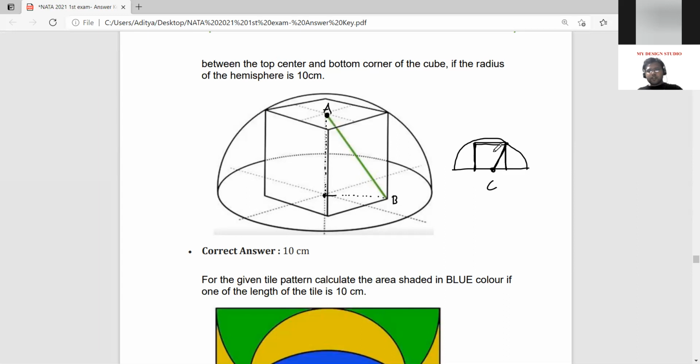This is nothing but mainly the radius of the hemisphere. Okay, if we imagine this whole diagram in 2D, from this point to this point, this whole distance is nothing but the radius of the hemisphere. Similarly, A to B is the same kind of diagram but drawn in the opposite direction. It is drawn from top to bottom. So this length is nothing but 10.